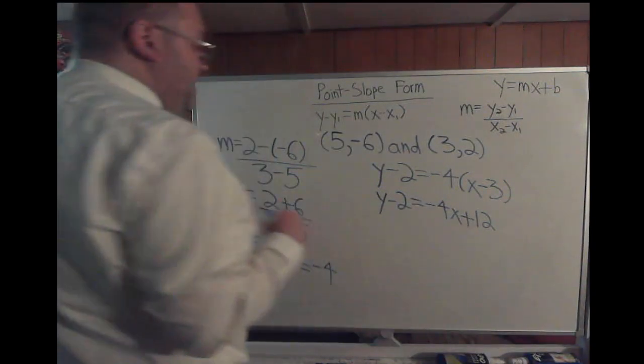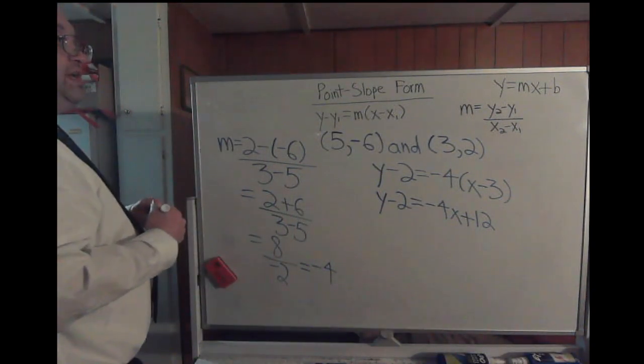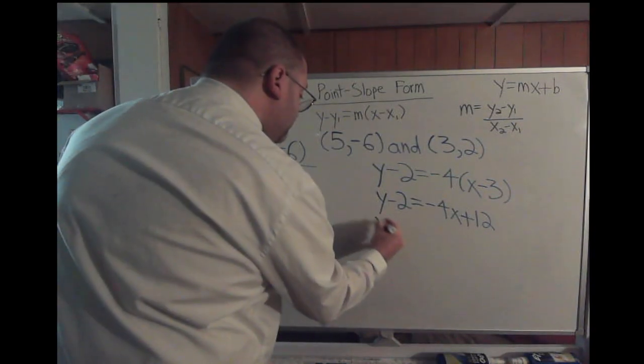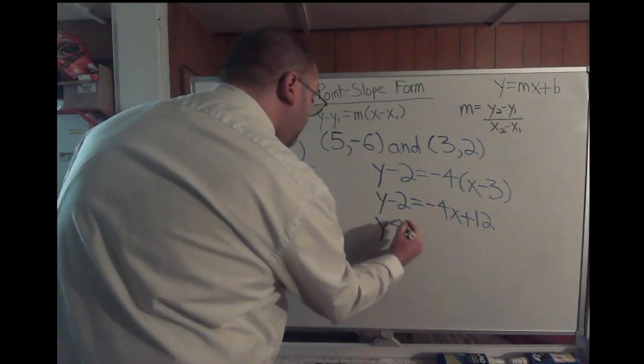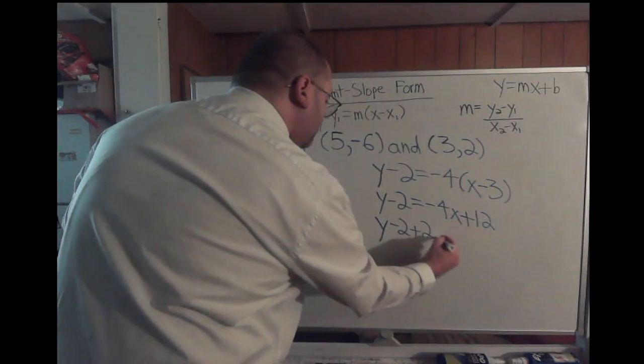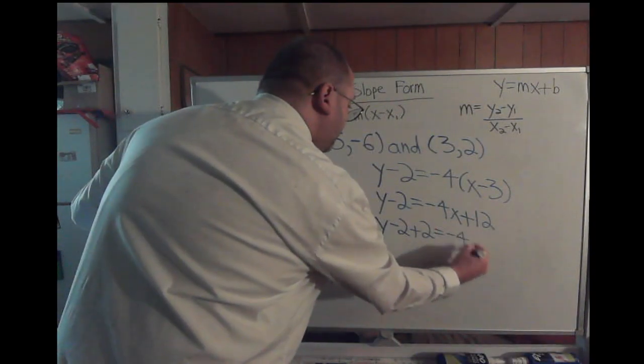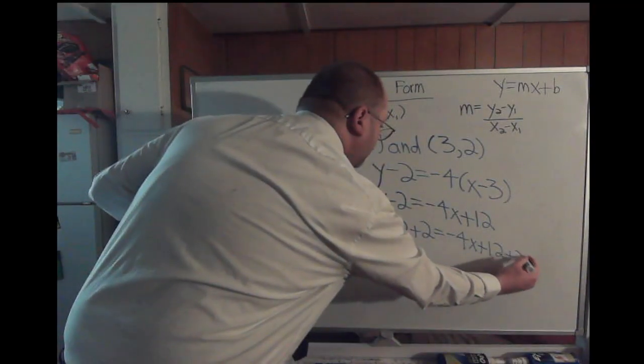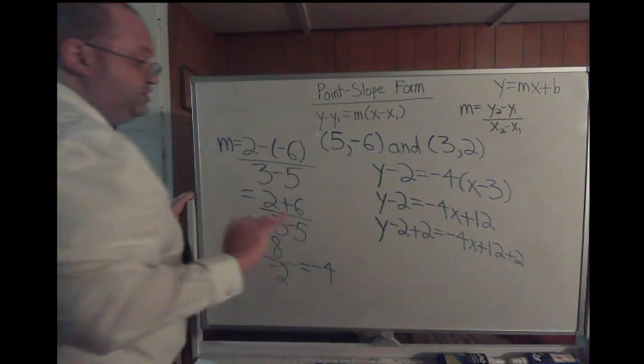What we want to do now is get the y by itself so we can put this equation in slope-intercept form. If you have minus 2, you need to do a plus 2. So you have y minus 2 plus 2 equals negative 4x plus 12 plus 2. Well, negative 2 plus 2 goes to 0.